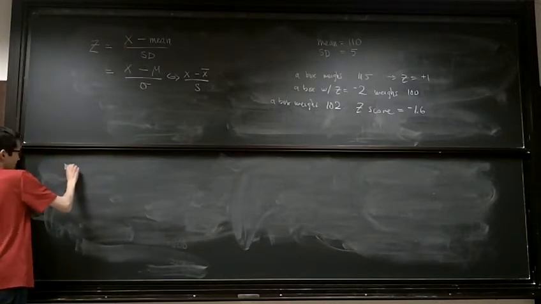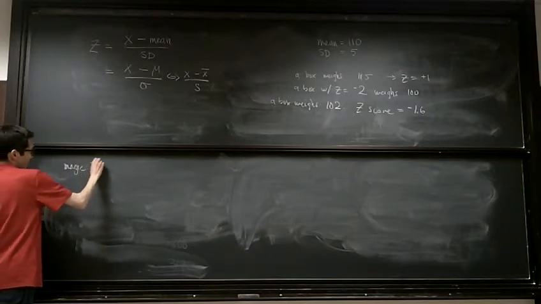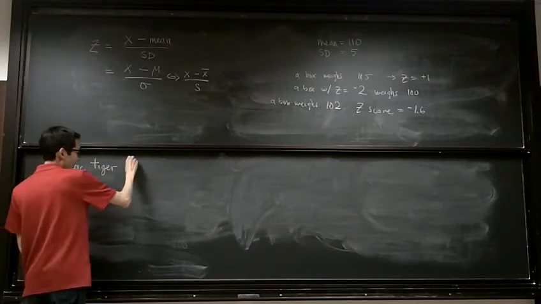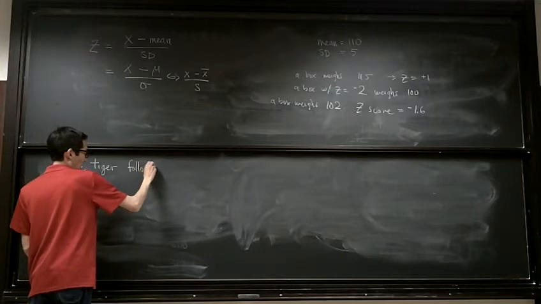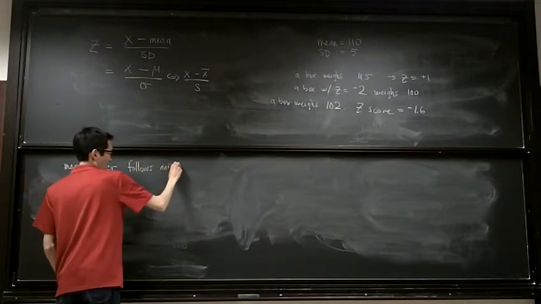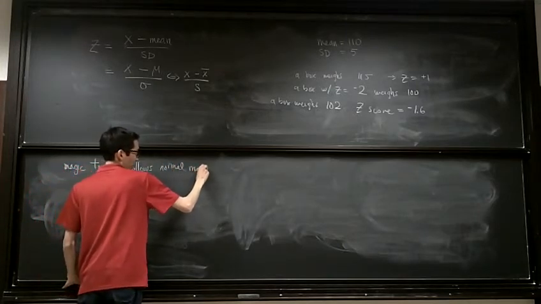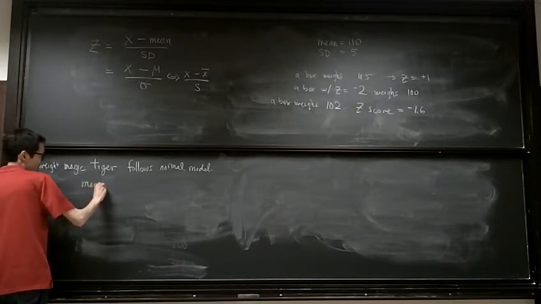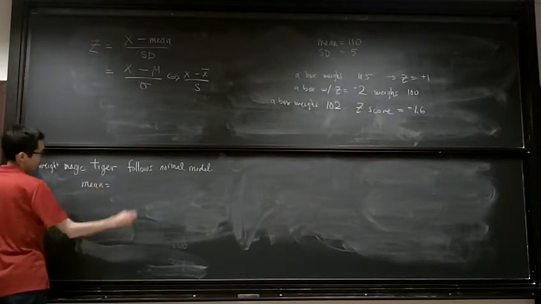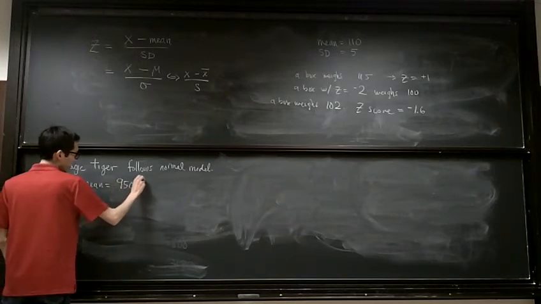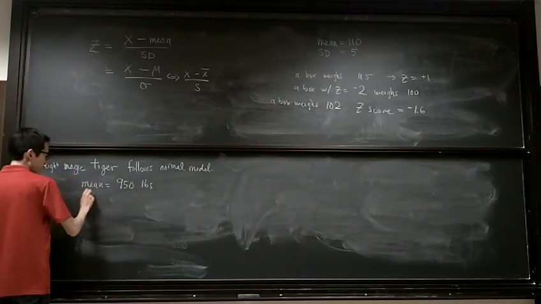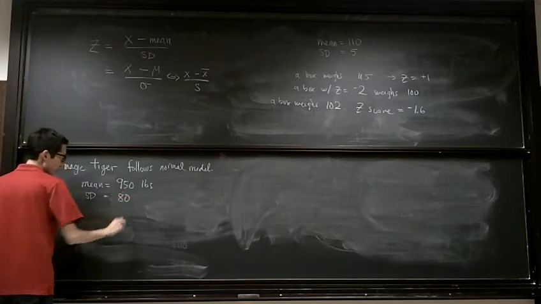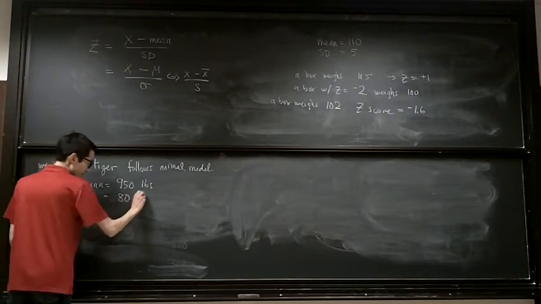A magic tiger. It follows the normal model. The weight of a magic tiger: the mean is equal to 950 pounds with a standard deviation of 80 pounds.